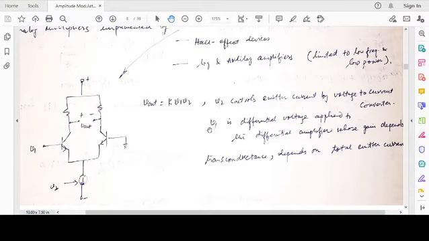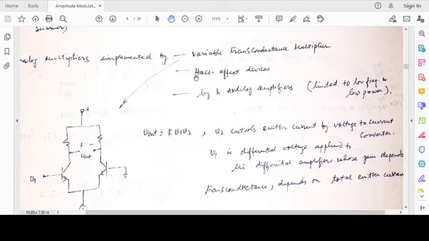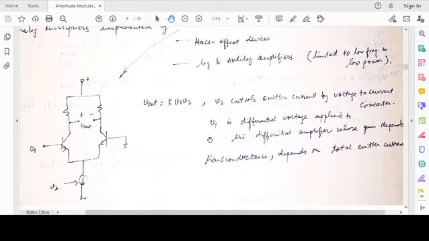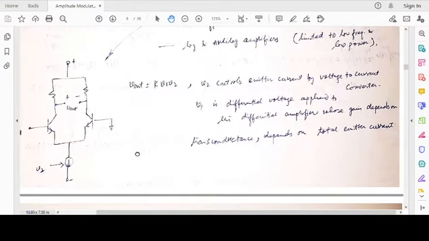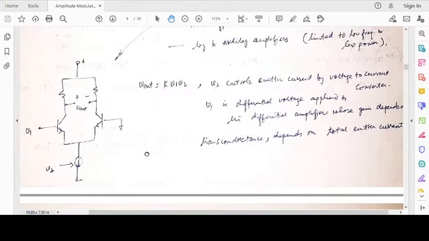We'll discuss that. So the most important one is the variable transconductance multiplier. The broad sketch is, you basically have a differential amplifier. One input voltage is a differential voltage applied to the differential amplifier. The gain of the differential amplifier is controlled. It depends on the transconductance, which essentially depends on the emitter current, and that is controlled by the second voltage.